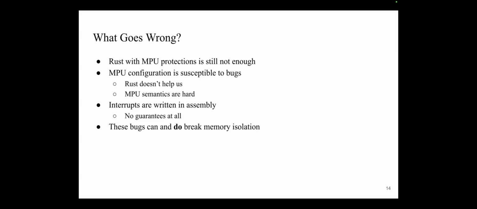And unfortunately for us, interrupts are written in assembly in the Tock kernel, so here we have no language level guarantees. The important thing to understand is that bugs in MPU configuring code and interrupt handling code can and do break memory isolation.